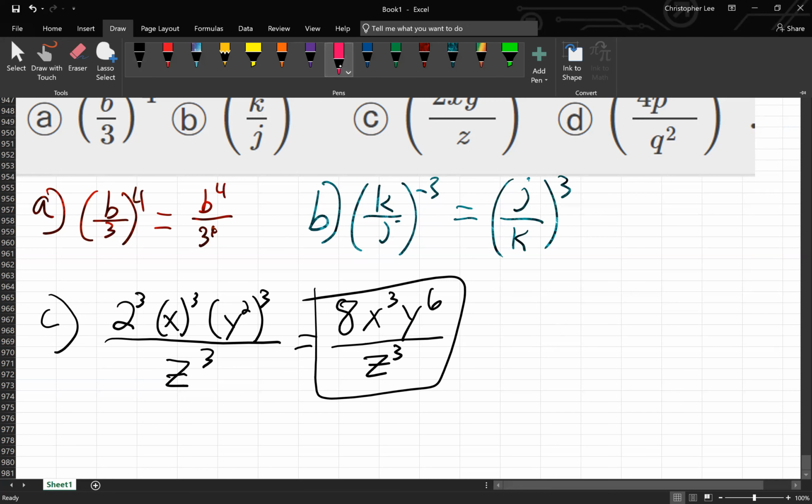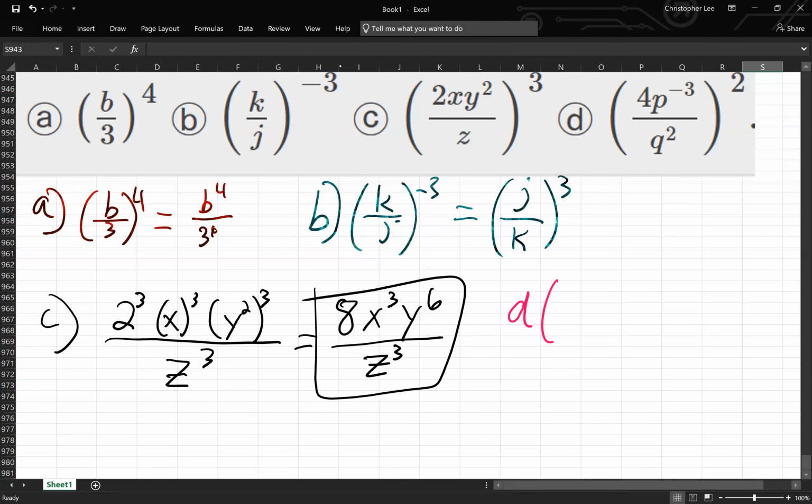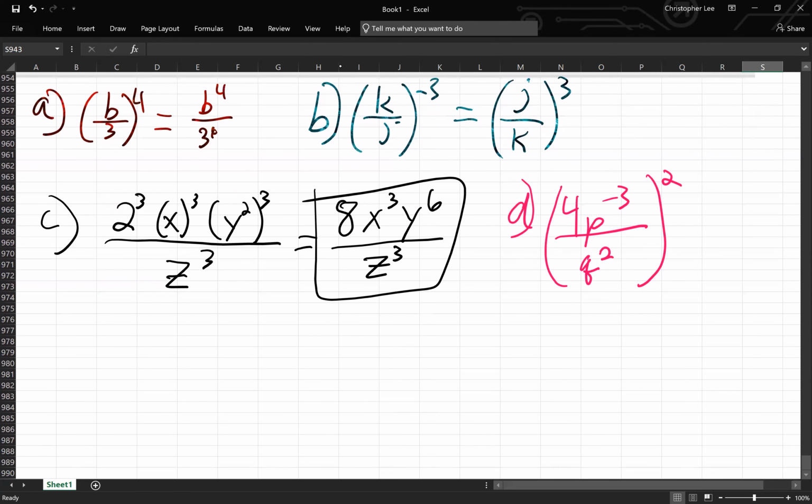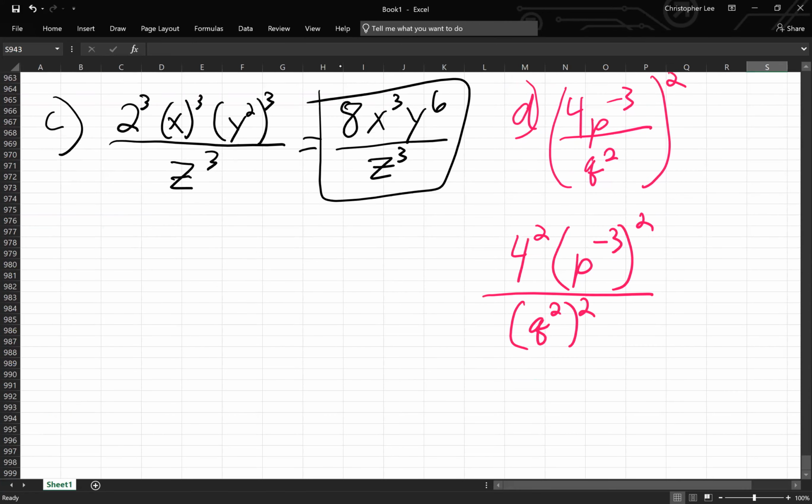Last but not least, I want to look at D. I have 4 p to the negative 3 over q squared, raised to the second. All right? Everybody gets the power. So what does this become? 4 squared times p to the negative 3 squared over q squared to the second. Do the math on that.